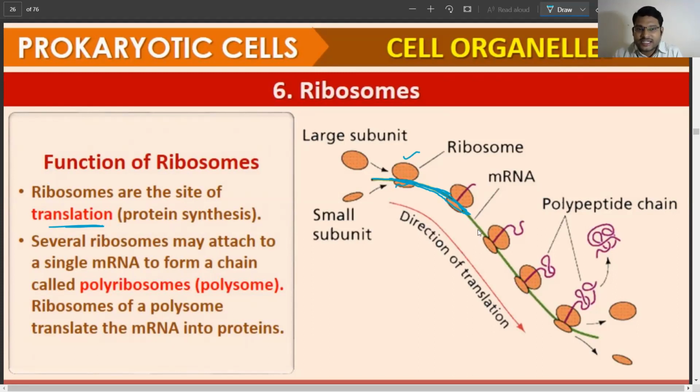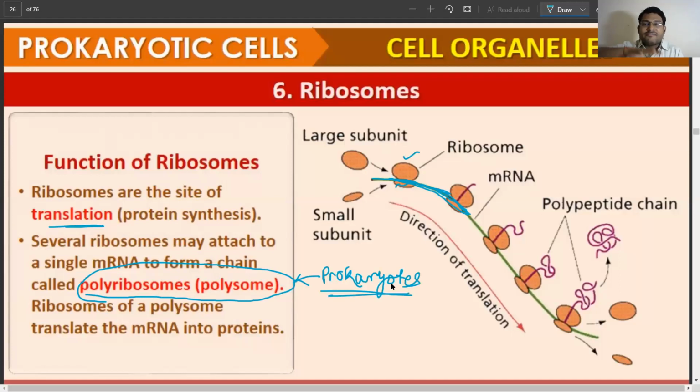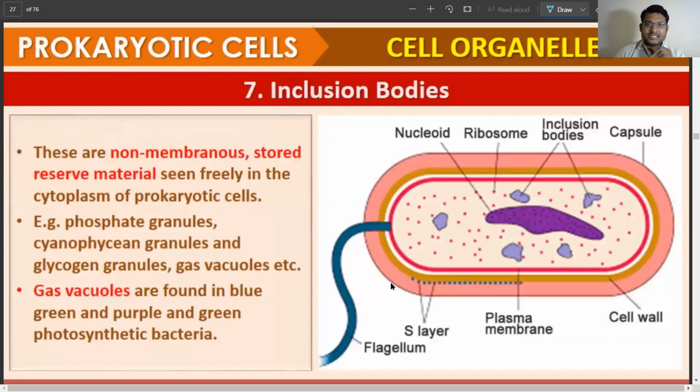A number of these associate with the mRNA and form a continuous chain-like structure called a polysome or polyribosome. A chain of several ribosomes attached to the mRNA, dear student, is called the polysome or polyribosome, which is associated with the process of translation or protein synthesis.